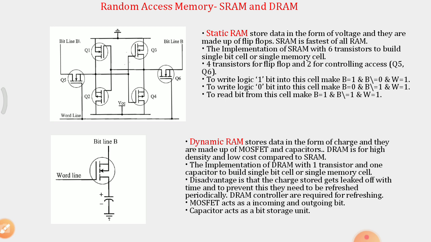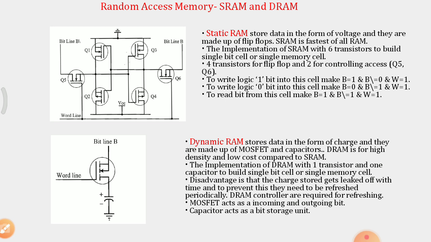So here 6 MOS transistors are used to build a single bit SRAM. 4 transistors make up a flip-flop to store a single bit, and 2 transistors, Q5 and Q6, control the access.